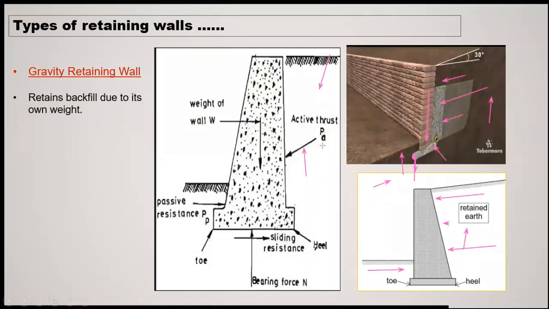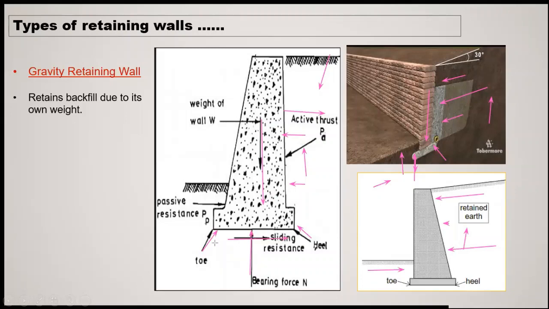You well know about active earth pressure and passive earth pressure. So this is the wall. We consider this is the weight of the wall acting downward. So one force is acting in this direction, and another force, the weight, is acting in this direction. This one is your heel. This is the toe, and this is the soil which is applying bearing pressure, and even sliding resistance.